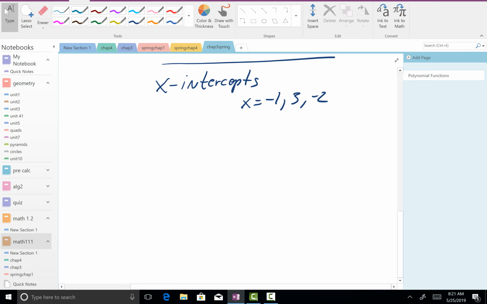You can go f of x here, or you can type anything at all if you don't want to, but y equals, I think I'm just going to go parentheses x plus 2, and I'm going to start out fairly simple here. Okay, so let's just start with this one.